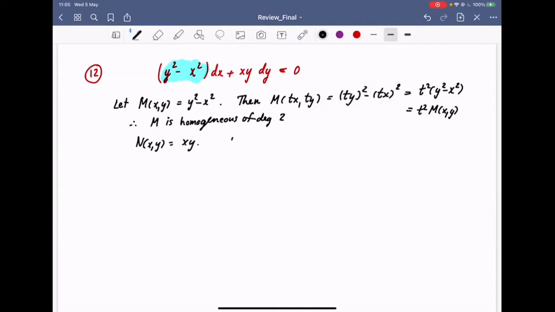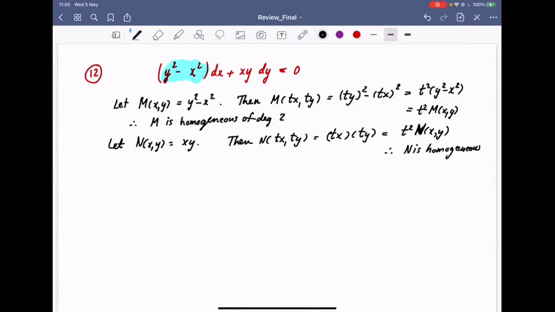This is a super easy function. Let N be xy, so then N(tx, ty) is tx times ty, which is t squared N(x,y). So N is also homogeneous of degree 2. M and N are both homogeneous of the same degree.